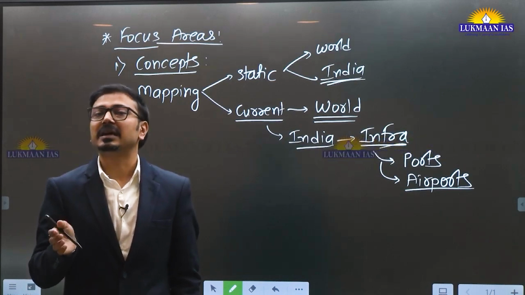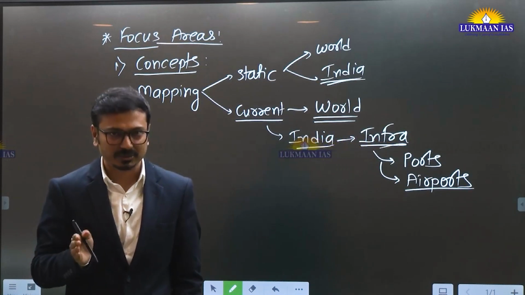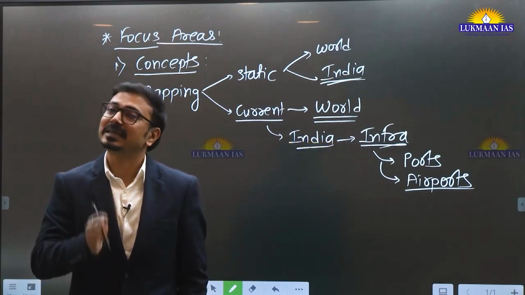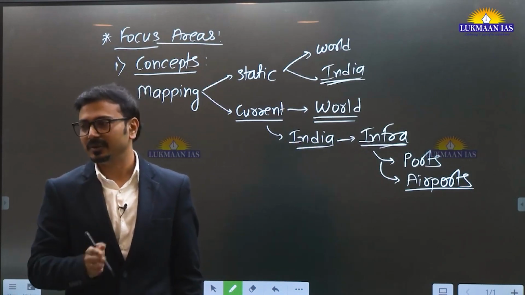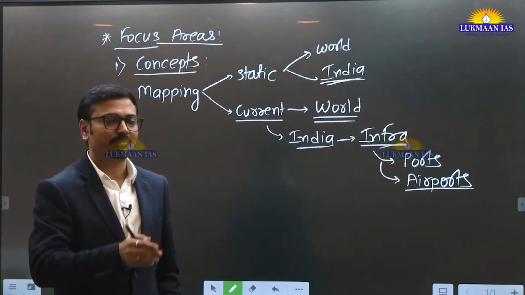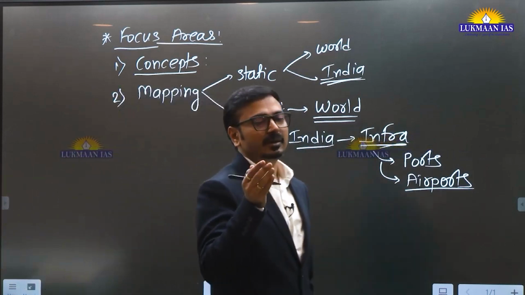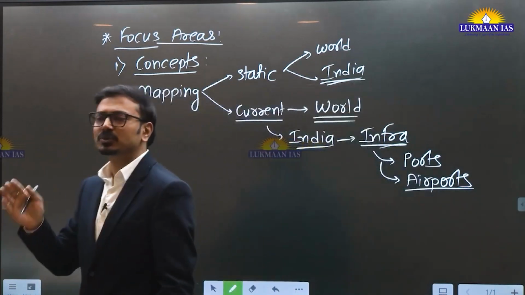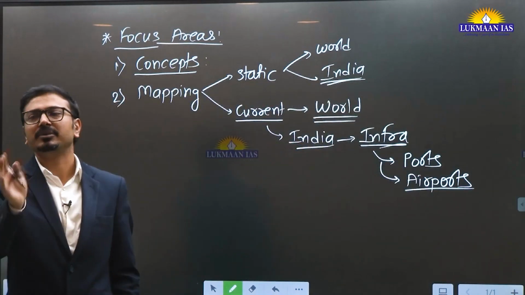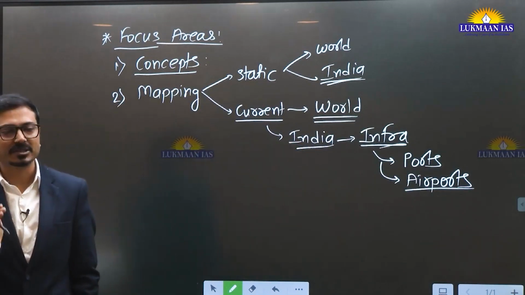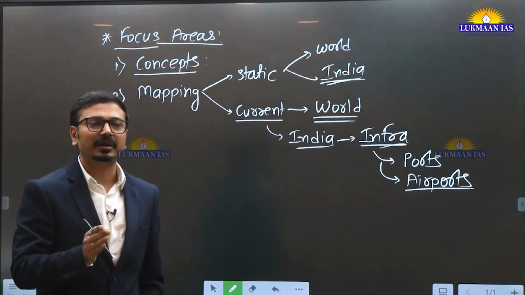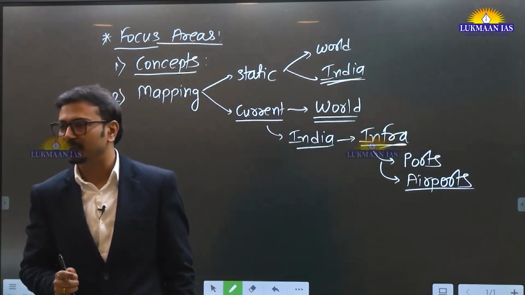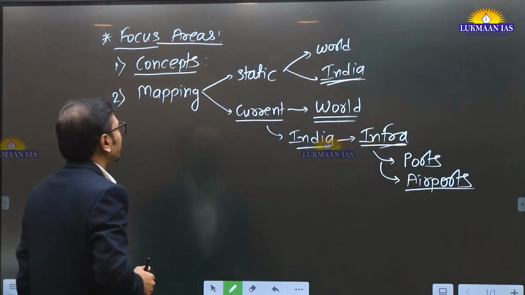I have analyzed the last 25 years of UPSC Prelims question papers and found out what they asked in the mapping section: rivers, hills, mountains, mountain passes, lakes, wetlands, whatever they have asked from the world and India. I have mentioned all of that in it. You have to make a one-page list, and while mapping it should be by your side. While reading the atlas, it should be by your side, right? So this should be the practice.